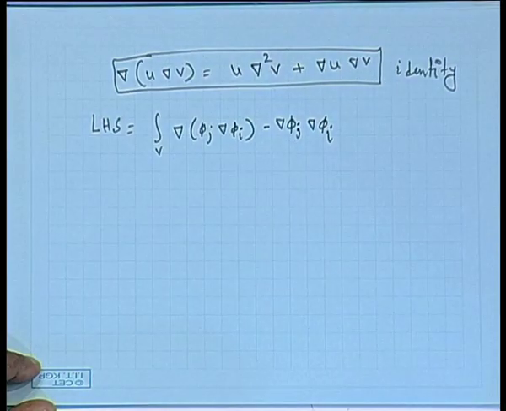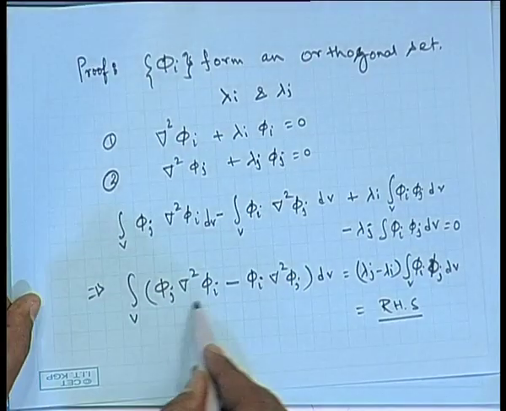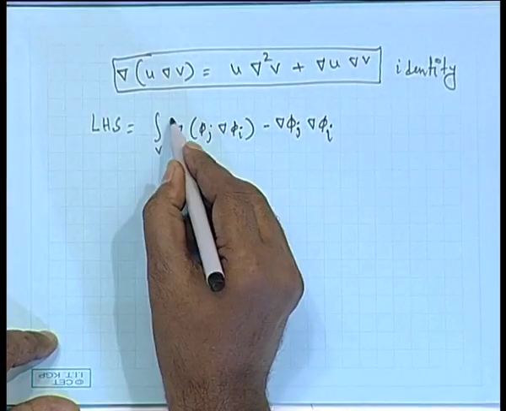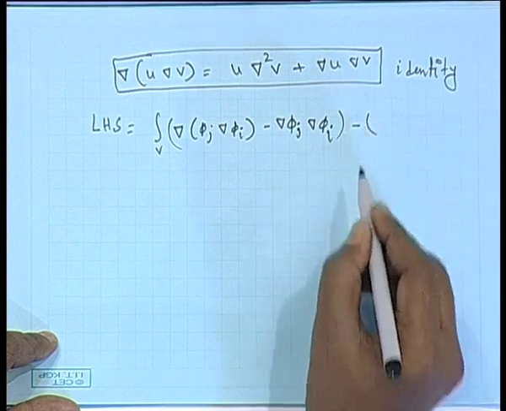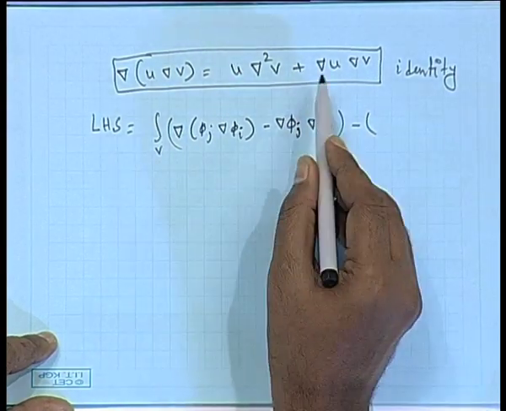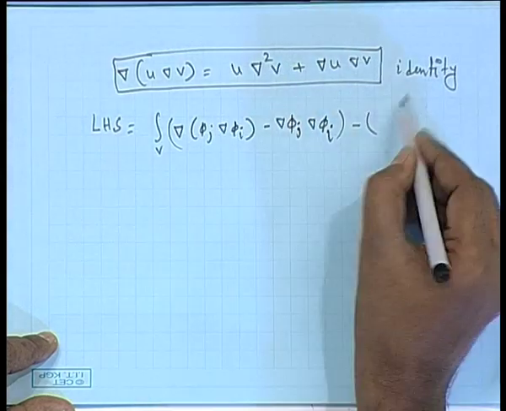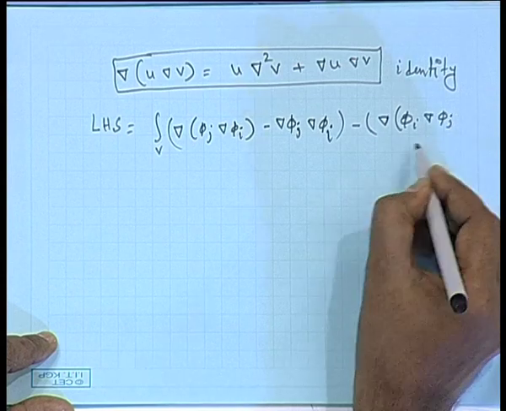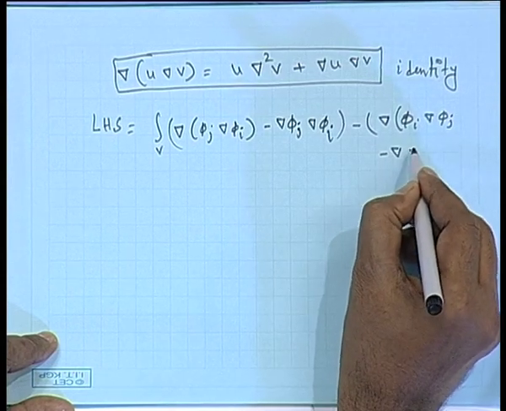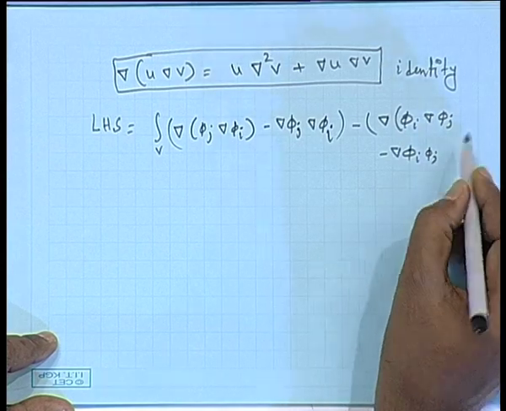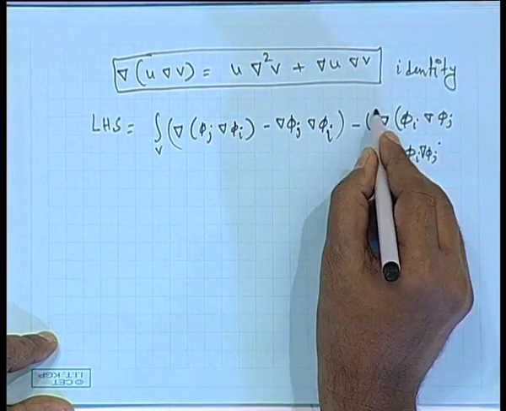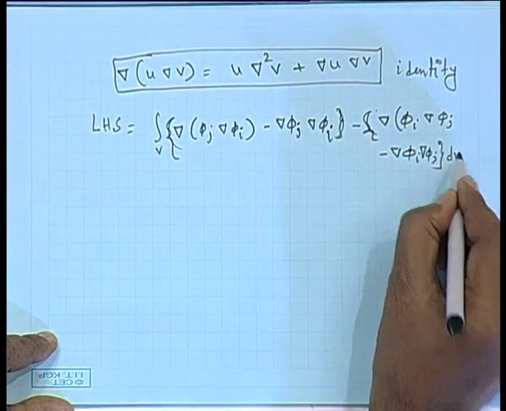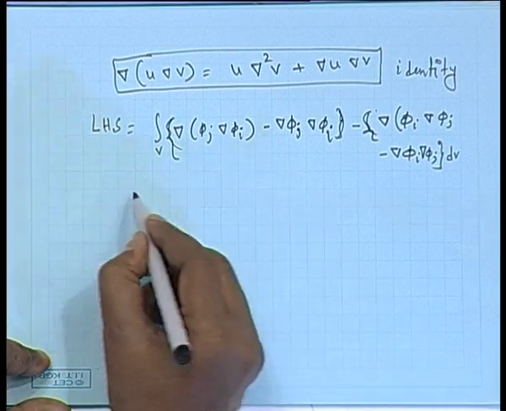That will be the first term, minus phi i grad square phi j, that means grad of phi i grad of phi j minus grad phi i dot grad phi j, bracket close, let us say put a second bracket here, dv.